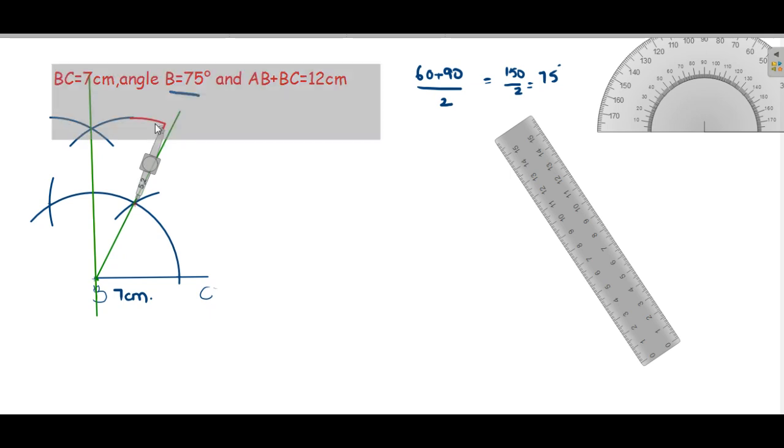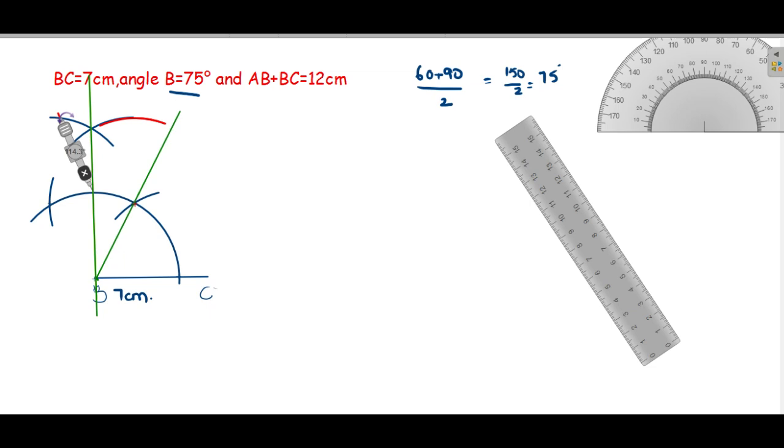As you can see here. Now let us place this metal pointer at this point on the 90-degree ray, and let us draw another arc intersecting the previous arc.